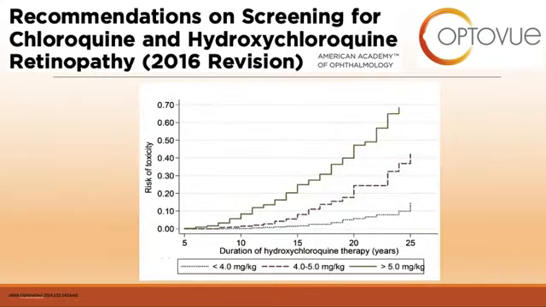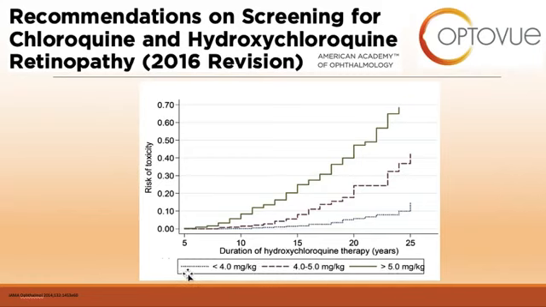When you look at this graph that the AAO published, it shows a depiction of what I was just referring to. On the bottom, you can see the duration of years that the patient is taking the medication: 5, 10, 15, and so on. The dotted lines show you the dosage.